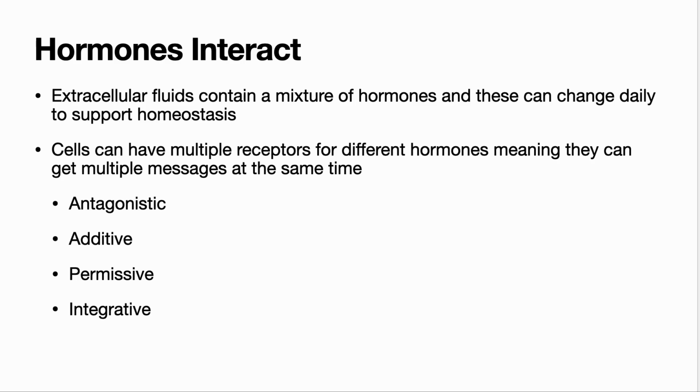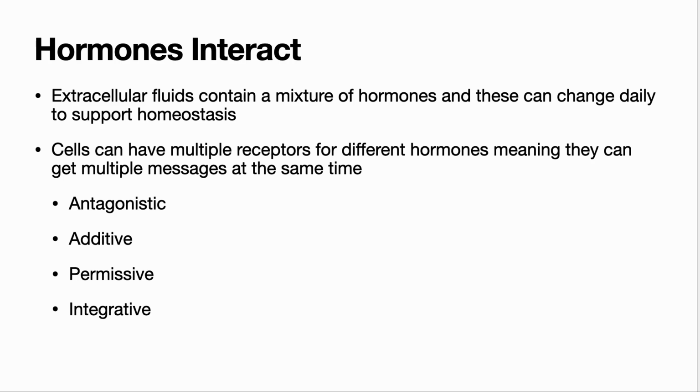And that means that they can get multiple messages at the same time, and that across body tissues, different messages can be coming in. So there are four ways that hormones can interact when a cell is displaying receptors for multiple hormones. If those different hormones are binding to receptors at the same time, there are four ways that we can see those hormones interacting. So the first one is an antagonistic effect.